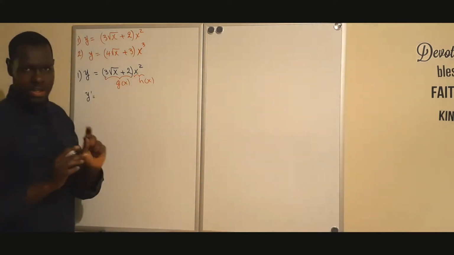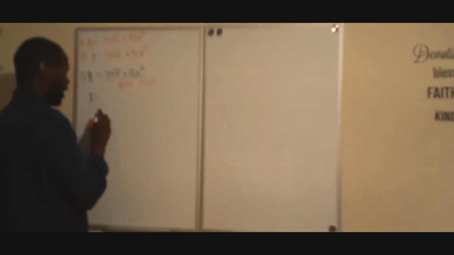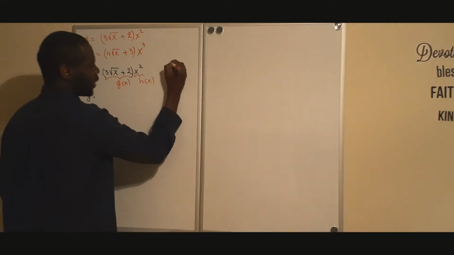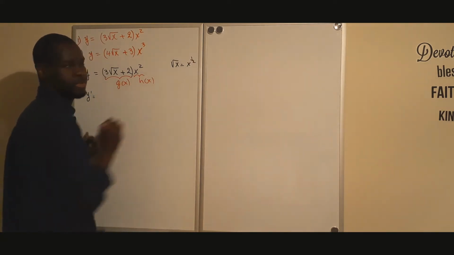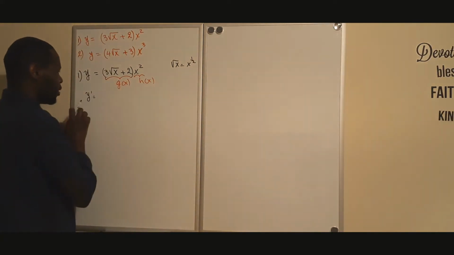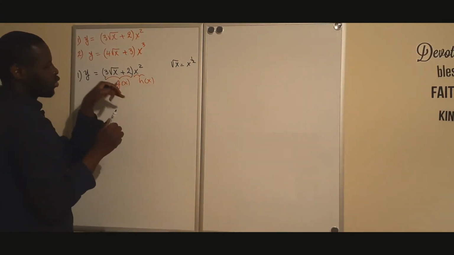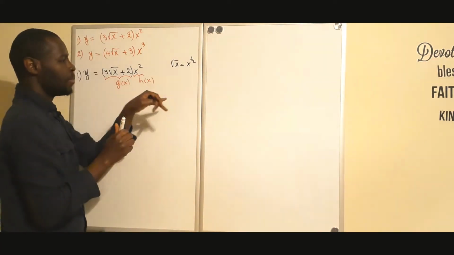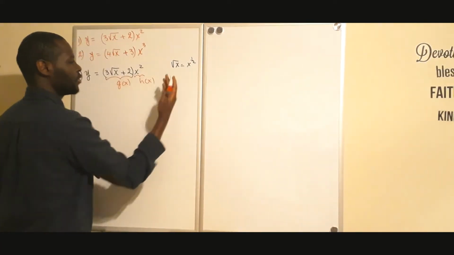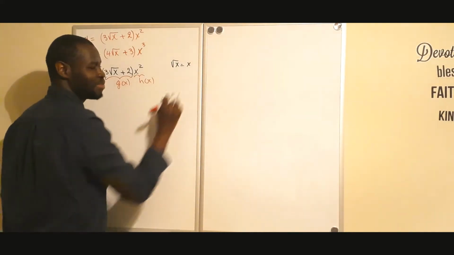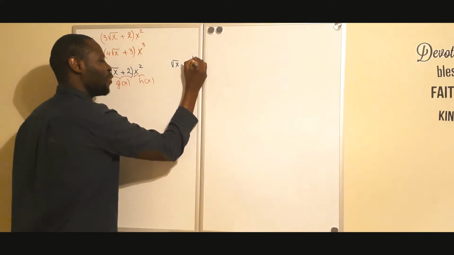Now, just before I take this derivative, I think it's very important that I remind everyone that square root of x is the same thing as x to the power of 1/2. So before I take the derivative, I will rewrite the square root of x in terms of power as x to the power of 1 over 2.